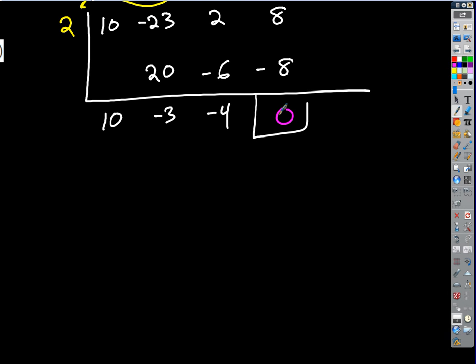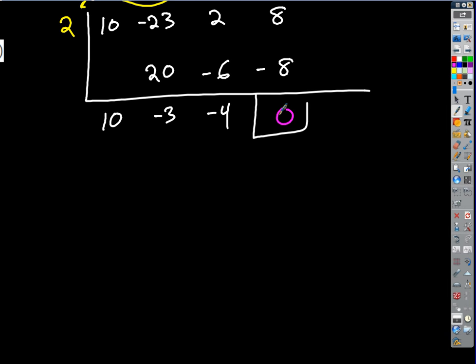So it is a factor. Yes, it is. Okay. How does that help us? That means 2 is a zero, so x minus 2 is a factor, but how are we going to keep going? We want to factor the whole thing.